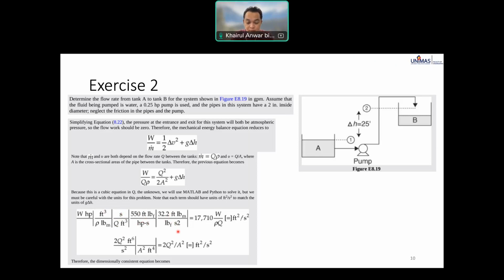Sorry, this refers to the gravitational constant.